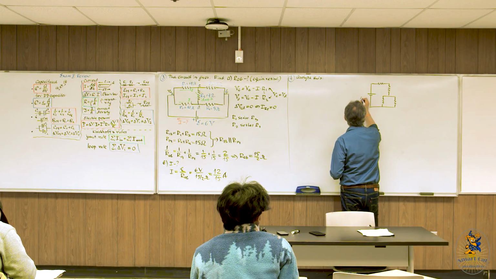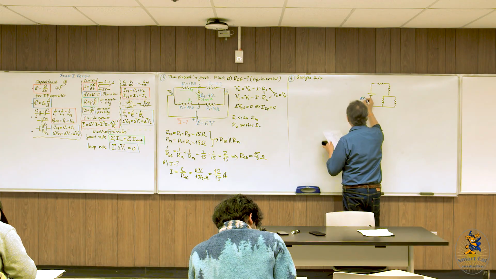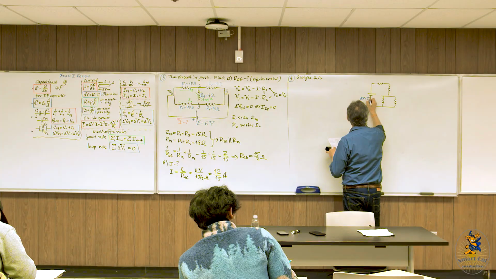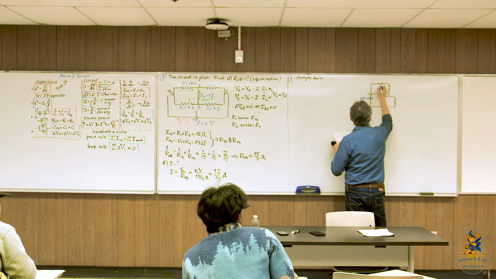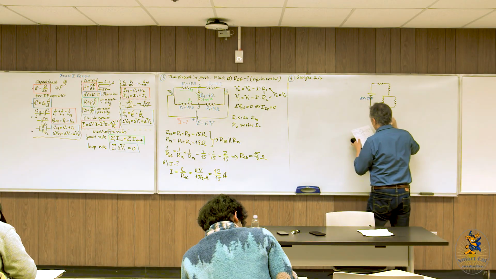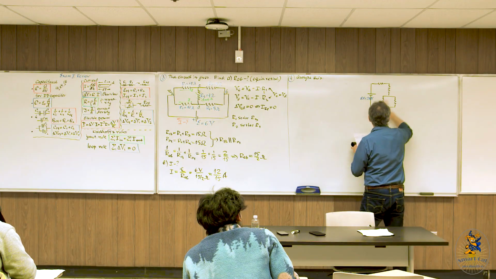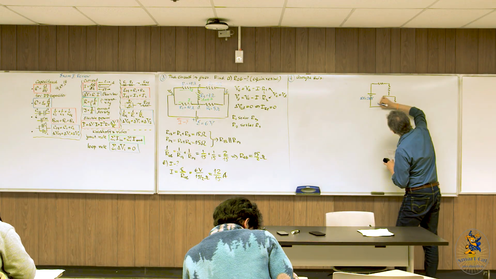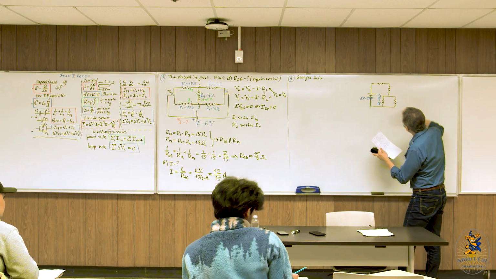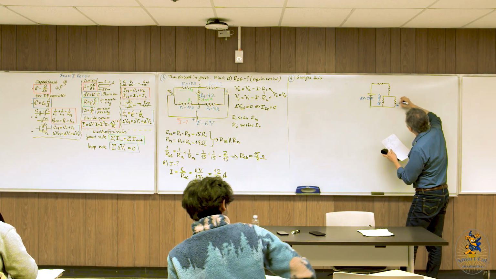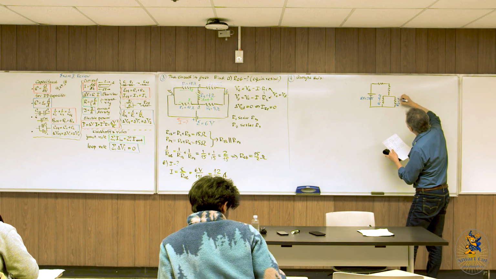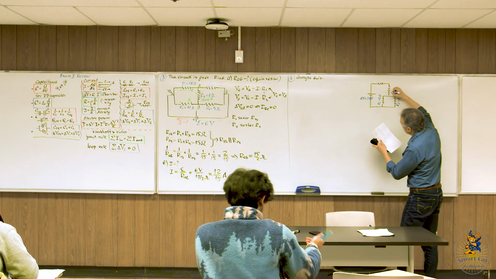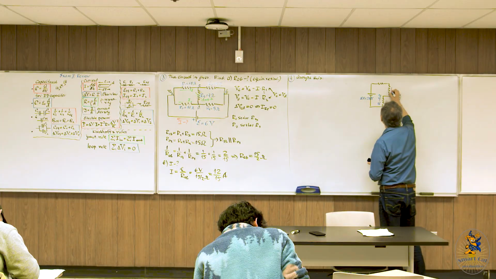Battery delta V is 24 volts. Then R1 is 6 ohms. This R2 is 12 ohms. Then R3 is 4.